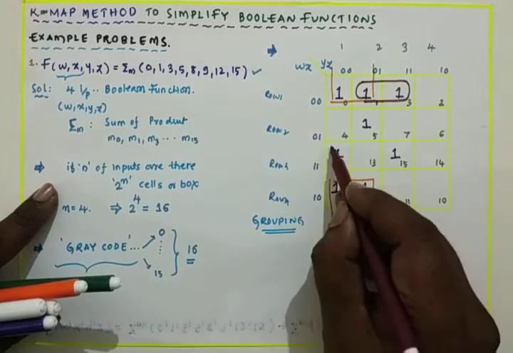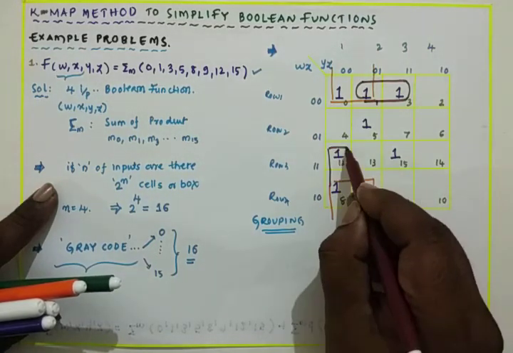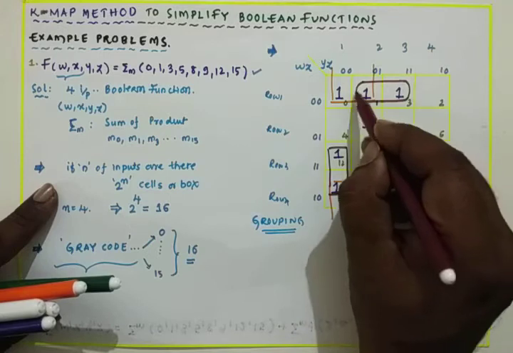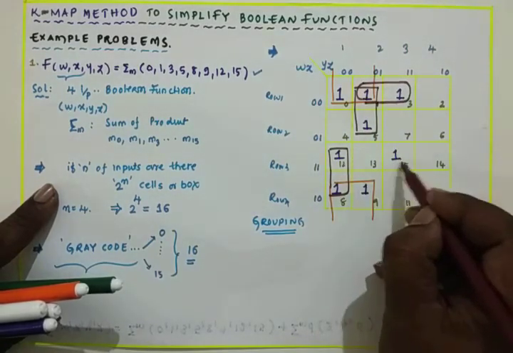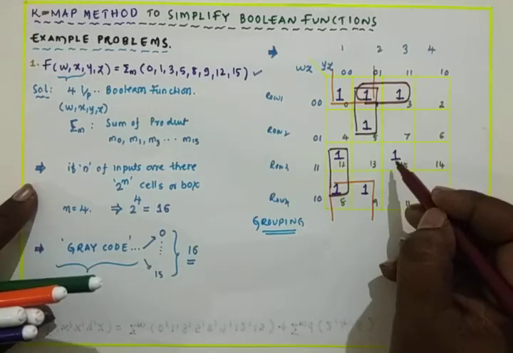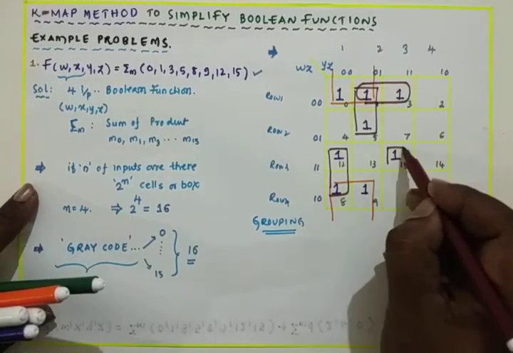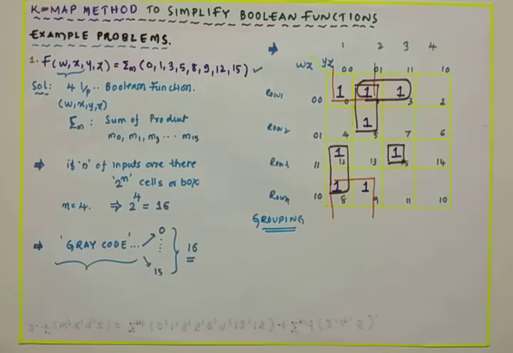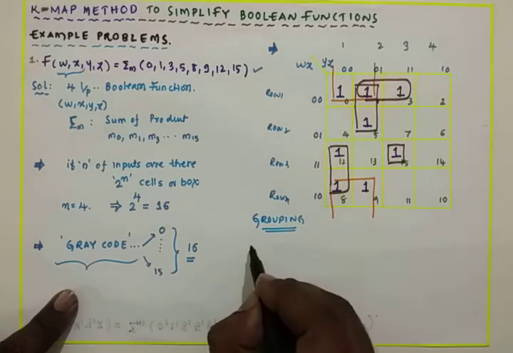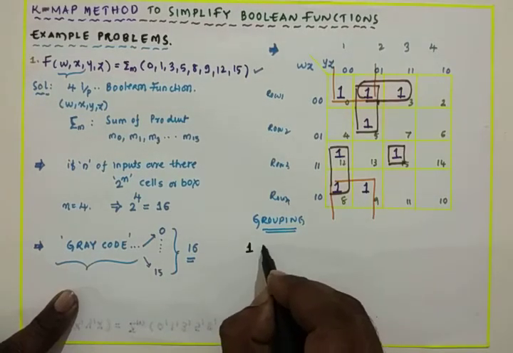And here also I can form one more pair. And here, it is not adjacent to any one, so it will be a single one. So how many groups did we form? We formed one quad. A quad is nothing but a group of 4 adjacent ones. So the grouping is one quad.